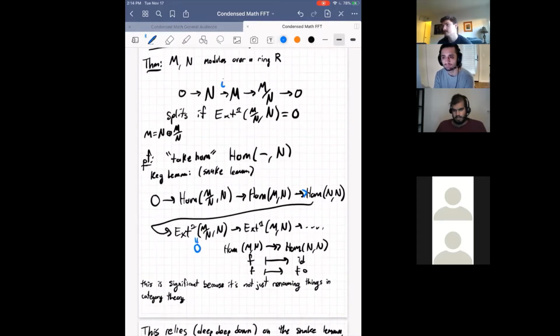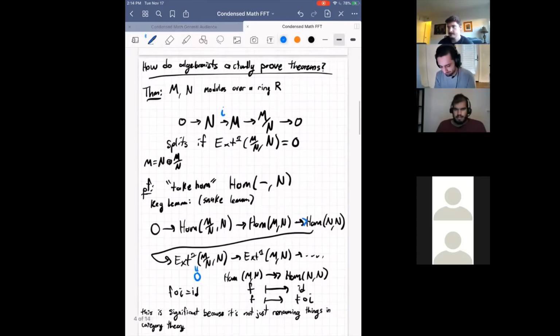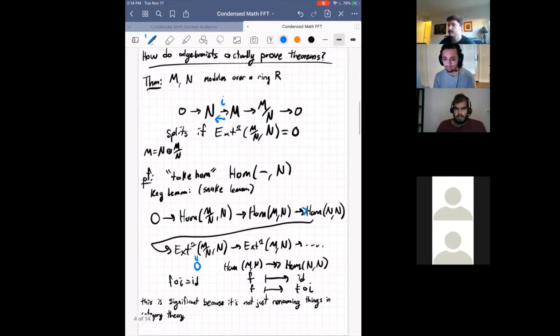Maybe I'll call this I. So f maps to f composed with I. And what does that mean? That means that f composed with I is the identity, which is exactly the same thing as saying that there's a section, there's a map back, and thus the sequence splits.